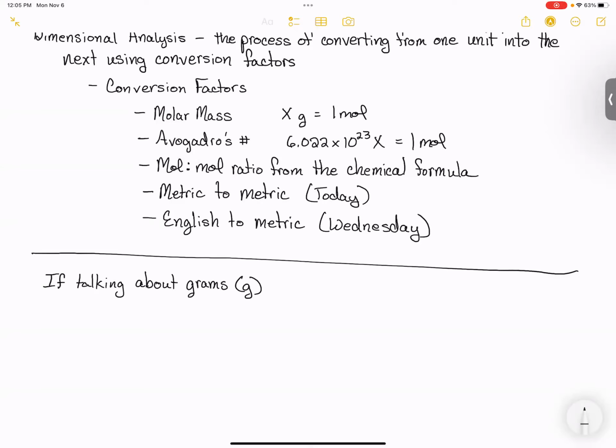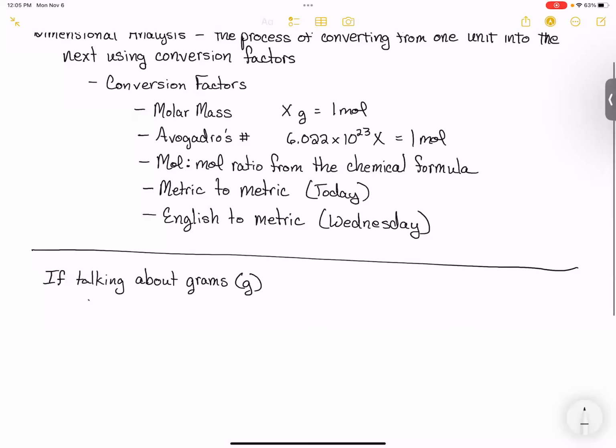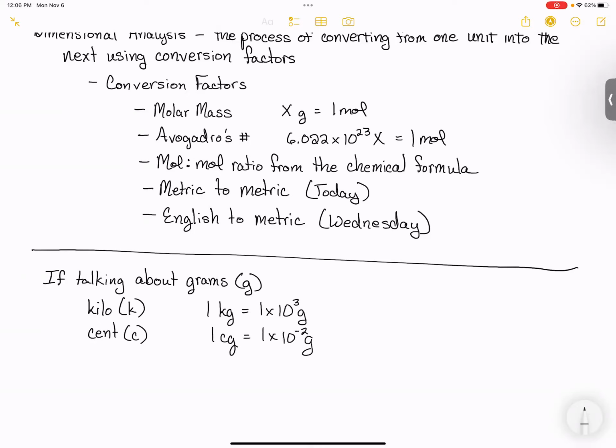Then the way you interpret this bottom table is, for example, kilo. One kilogram is equal to 1 times 10 to the third grams. Or let's say we're talking about centi. 1 centigram is equal to 1 times 10 to the minus 2 grams.